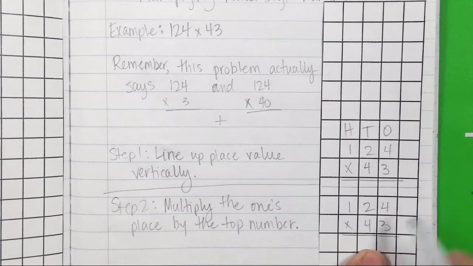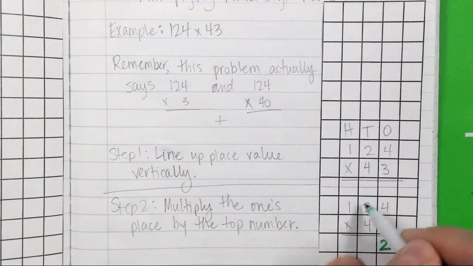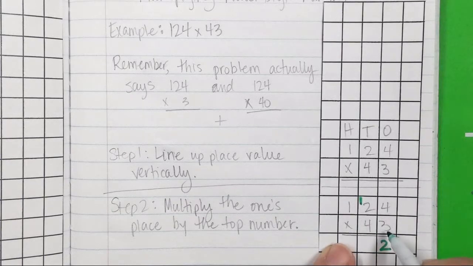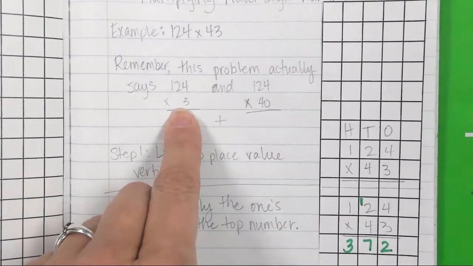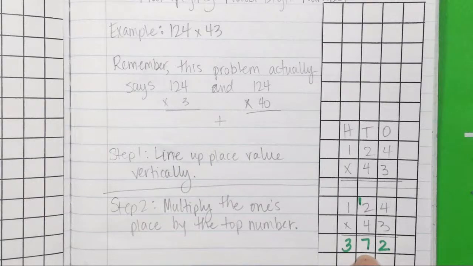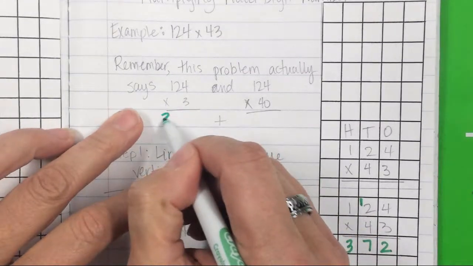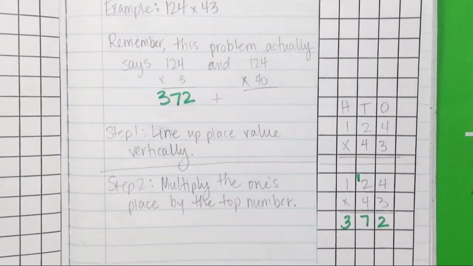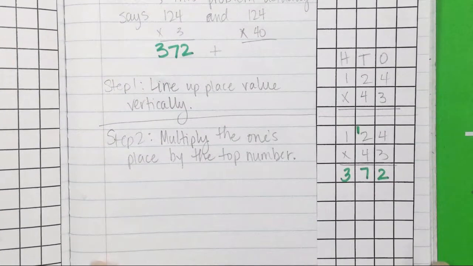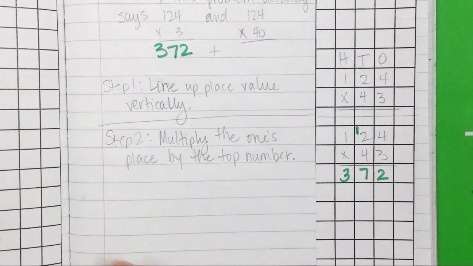Okay, so 3 times 4 is 12. I'm going to carry that 1. 2 times 3 is 6, plus 1 is 7. 3 times 1 is 3. So 124 times 3 is 372. So that's my second step.